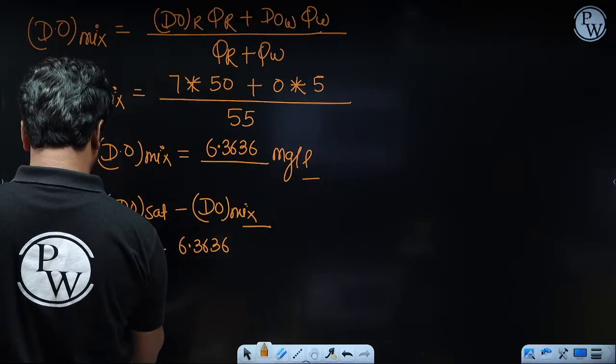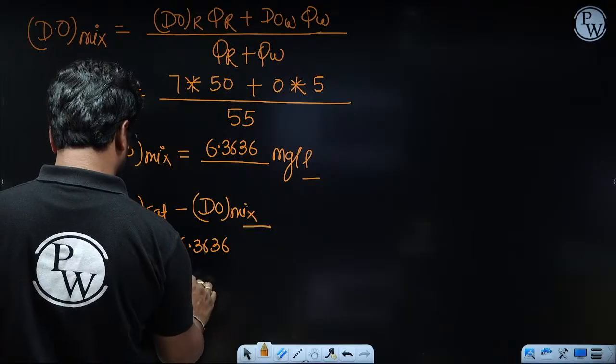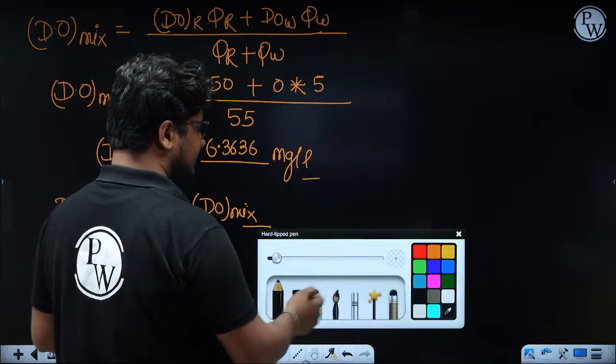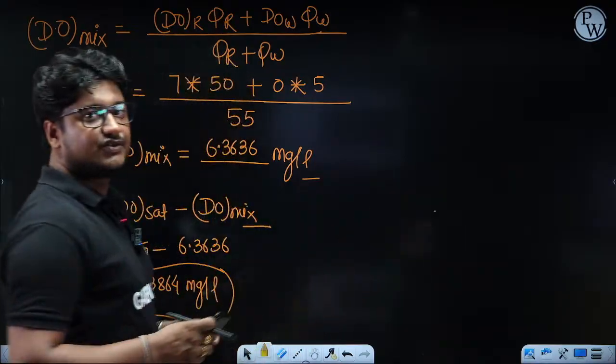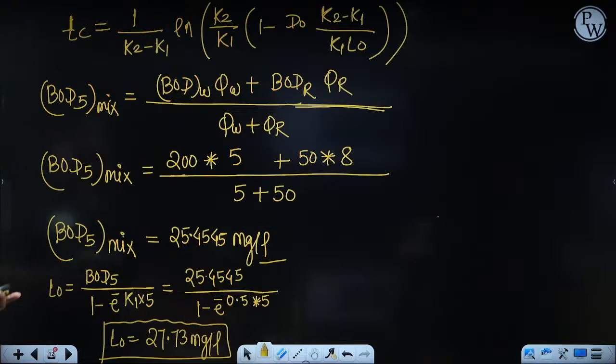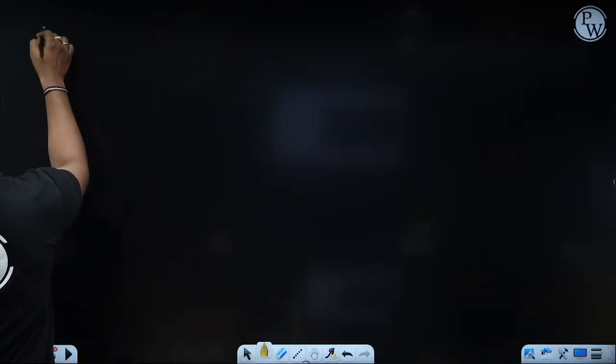I'm getting around 2.3864 milligram per liter. This is the D naught value. So I got the D naught, I got the L naught. These two things are required for me to use this tC formula. Now I am ready to use it.